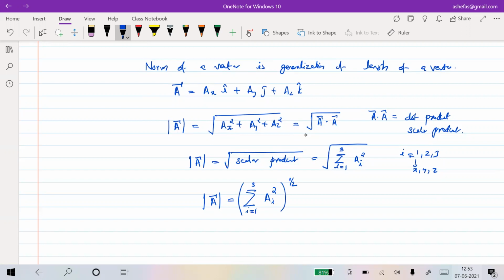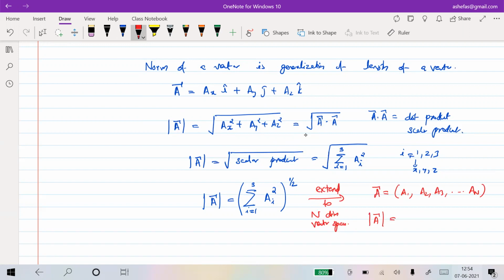Now this concept we can extend to n-dimensional vector space. If it is an n-dimensional vector space, then there will be a total of n components for the vector. Then the vector A will have the first component, the second component, and the third component up to the nth component. Then what would be the length of the vector A?